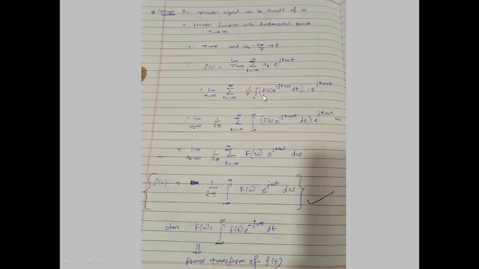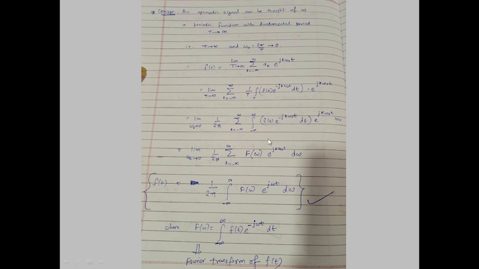We substitute here and replace 1 by T by omega naught by 2 pi. Now we observe that omega naught tends to 0 as T tends to infinity, and the summation is from k equal to minus infinity to infinity, of k omega naught t into omega naught.